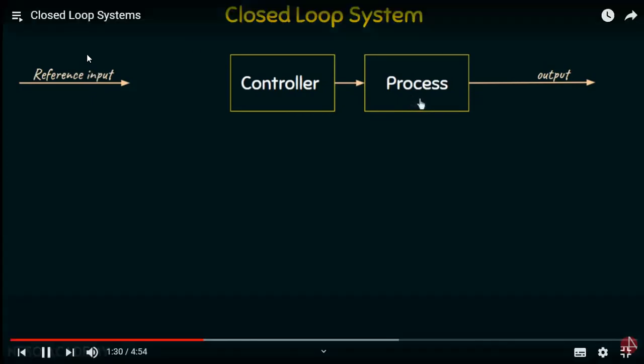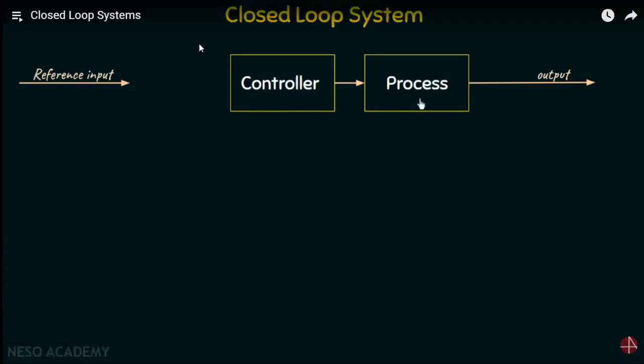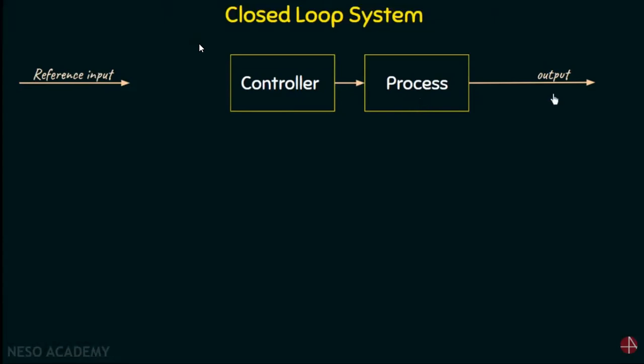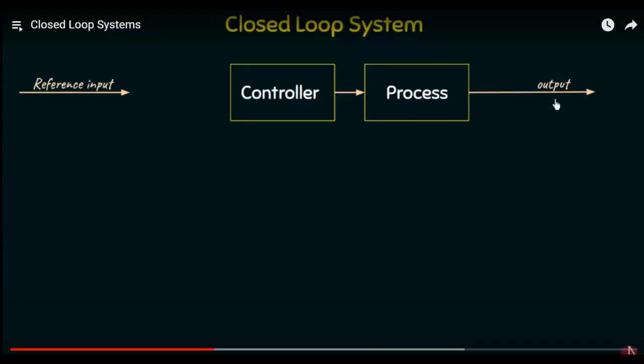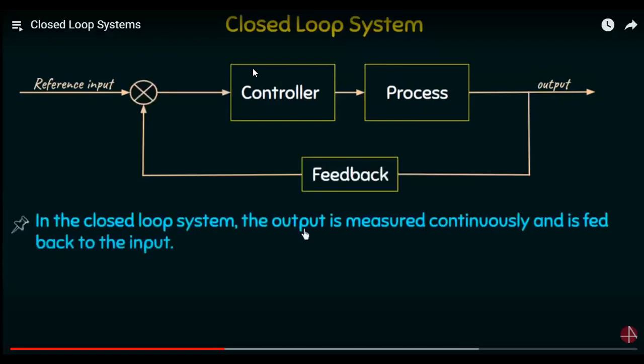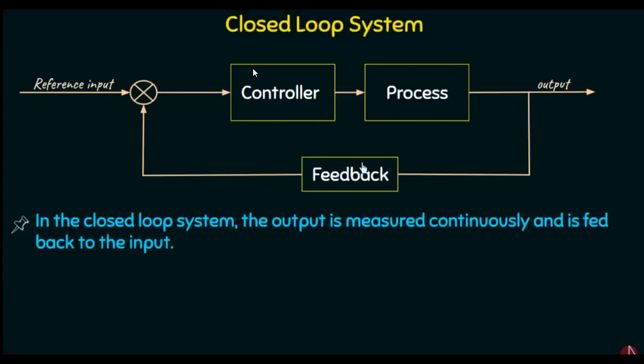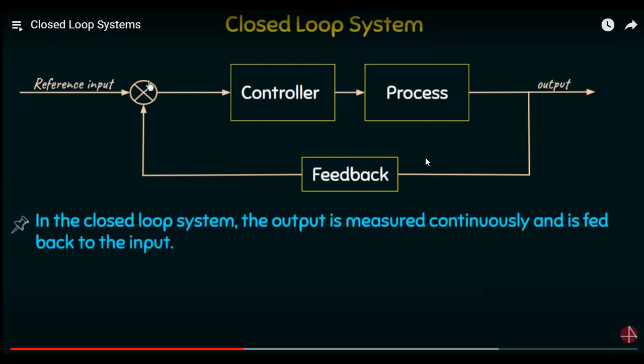So in order to maintain the desired output, we need to measure the output continuously, and we do it by using a feedback signal. In the closed loop systems, the output is measured continuously and is fed back to the input, where the error with respect to the desired output is detected. We call this unit the error detection unit.